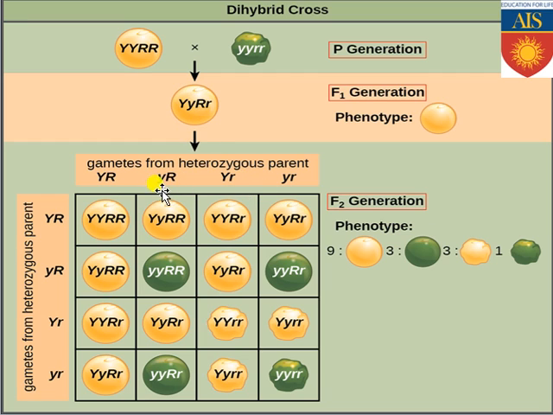Similarly, small y comes with capital R, as well as small y comes with small r. So in any kind of permutation combination, these allelic forms can come together and produce various types of gametes. A maximum of 4 types of gametes can be produced by the permutation combination of these alleles.